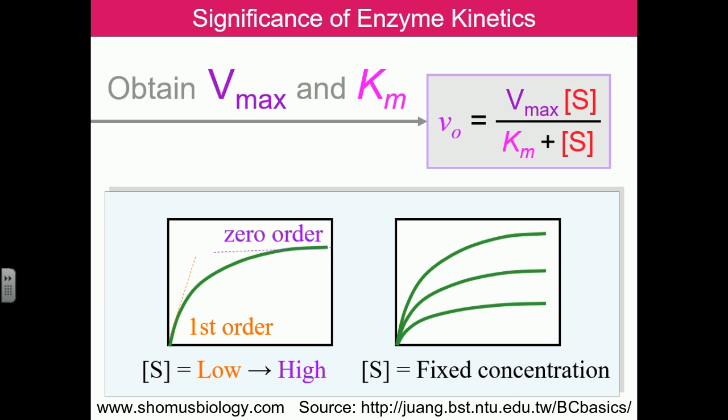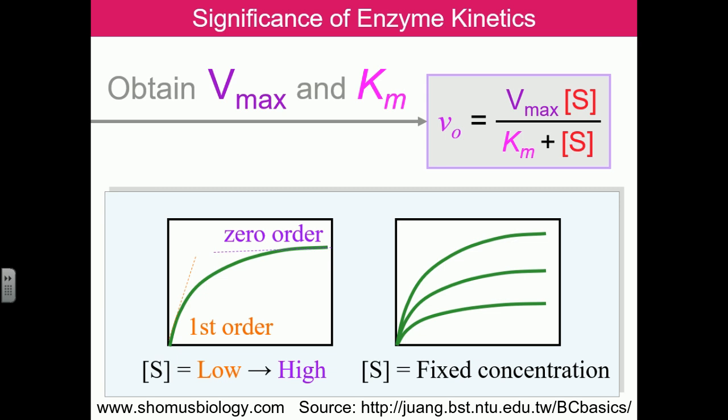So the catalytic rate increases with increasing substrate concentration. Okay, that is the first response. Now at very high substrate concentration, the rate no longer depends on the substrate, that is the zero order part. Therefore, if fixed at a very high concentration of the substrate, in that case the reaction rate is proportional to the amount of enzyme.